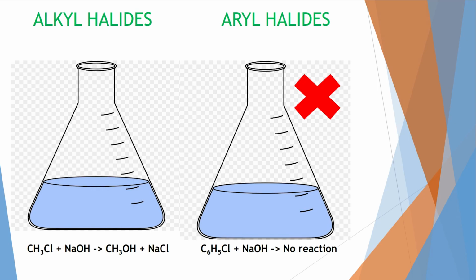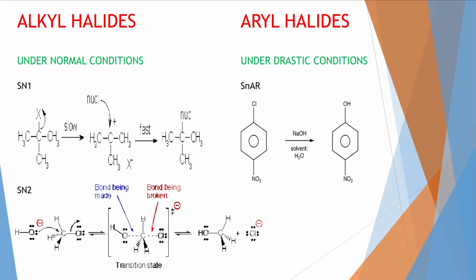So, I have summarized the reactions which you had studied before. The alkyl halides are capable of undergoing SN1 reactions and SN2 reactions, which have already been taught to you in the previous class.